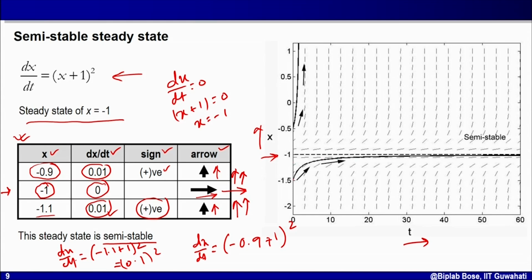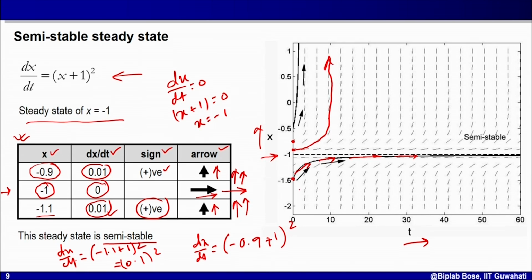If you start from a lower value than the steady state, suppose this minus 1.5, the arrow says that you will move along these and collapse at the steady state. But if you start at a slightly higher value, say somewhere here, then you will move along these and go away.